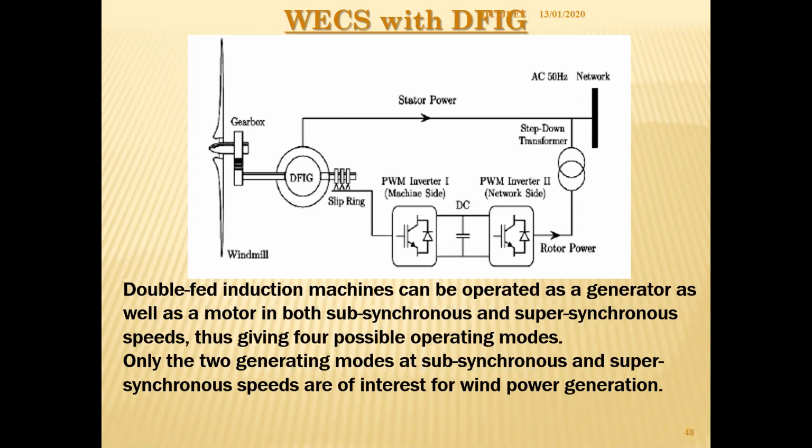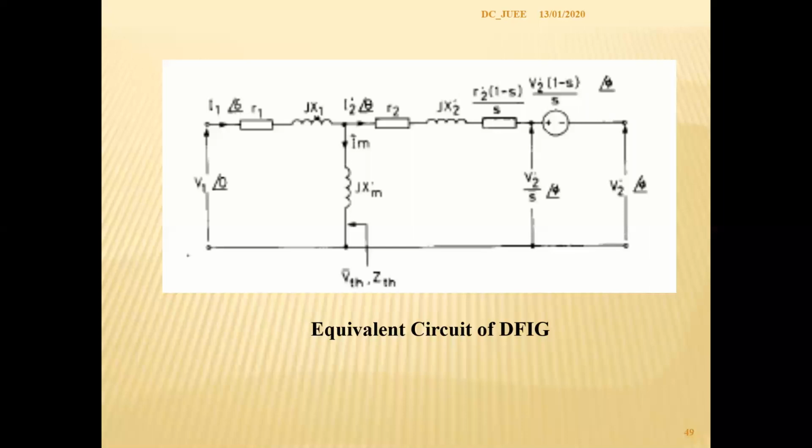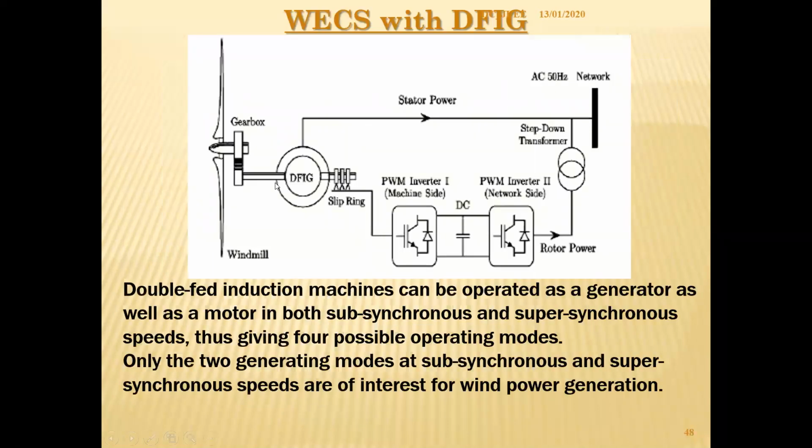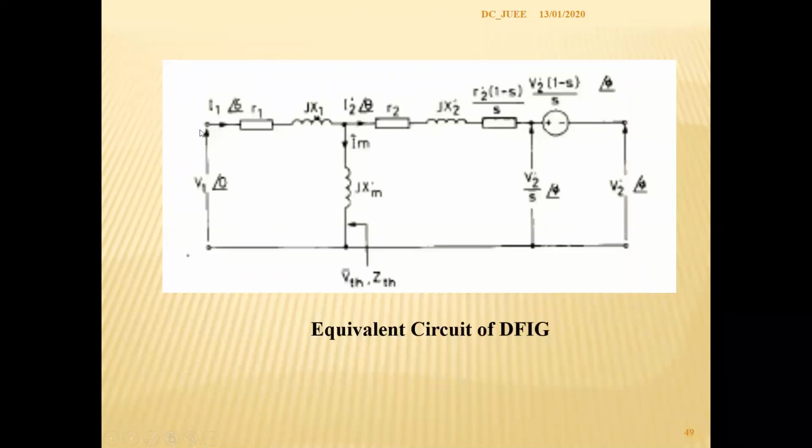Okay, now we come to the equivalent circuit of this doubly fed generator, with the rotor side and stator side fed. This is the stator side, this is the rotor side, and this is the magnetizing branch, and the rotor side actually handles the slip frequency.